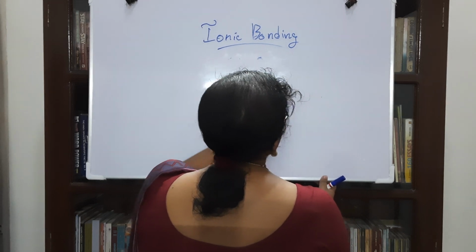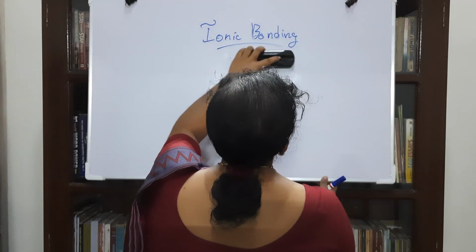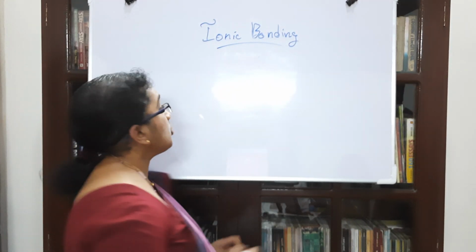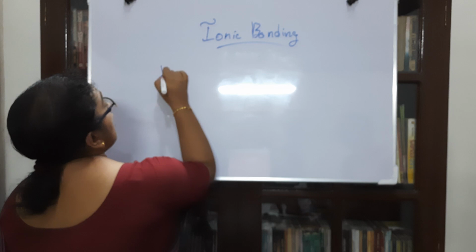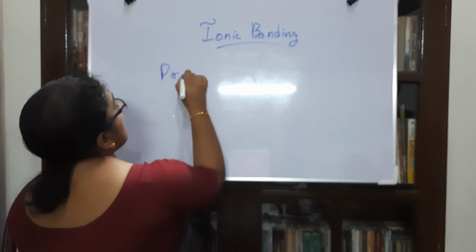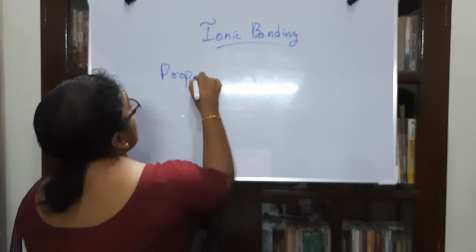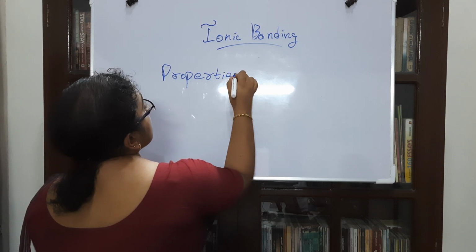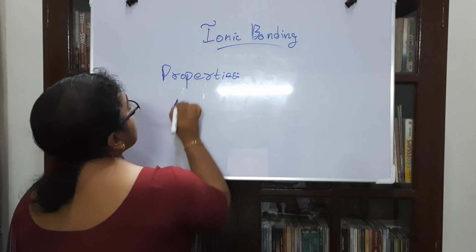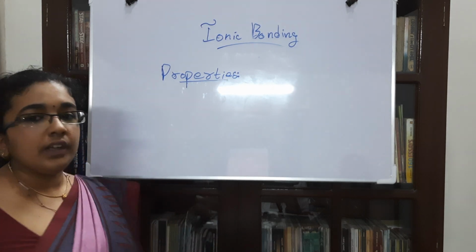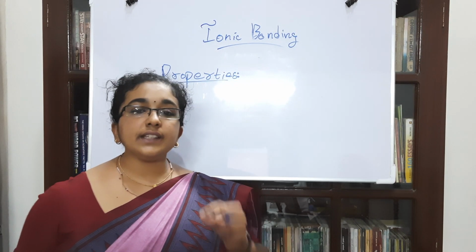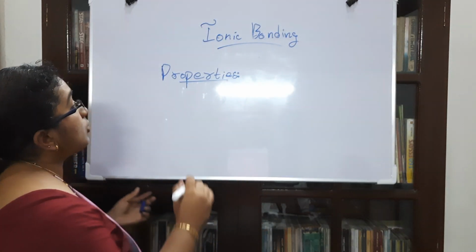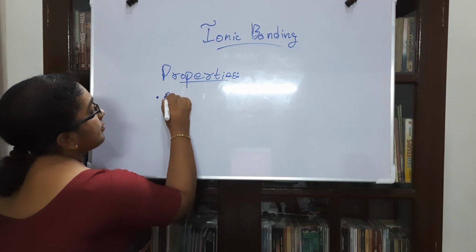Now let's move on to the properties of ionic compounds. First of all, in case of state, these ionic compounds are found to be solid.